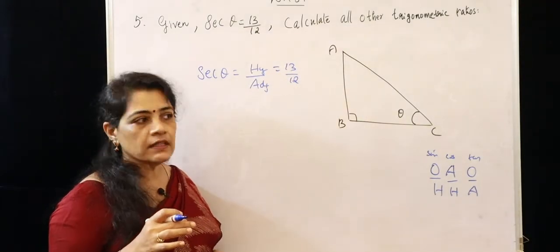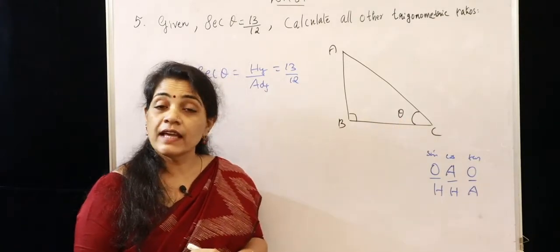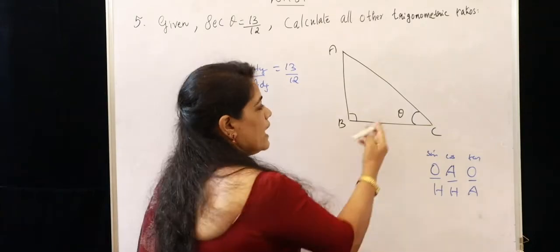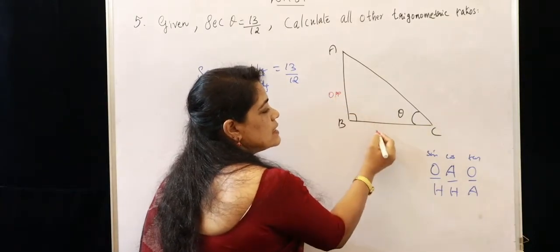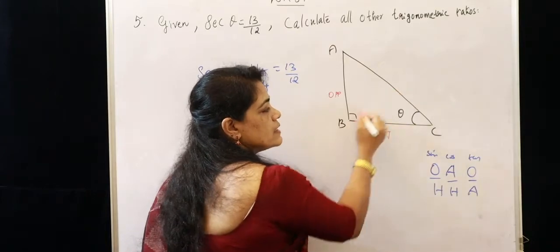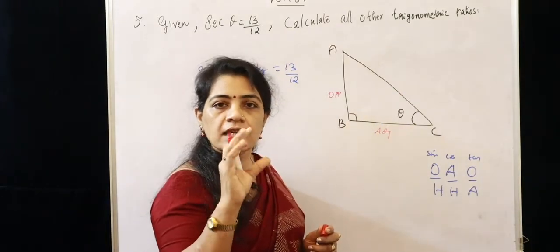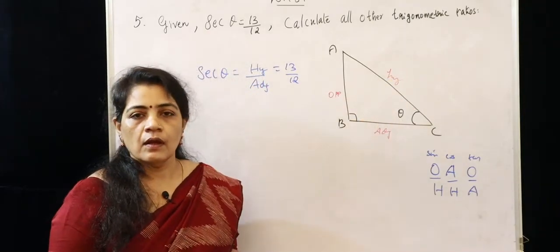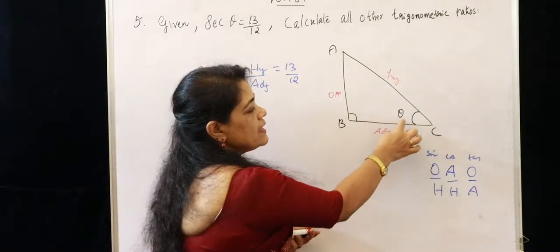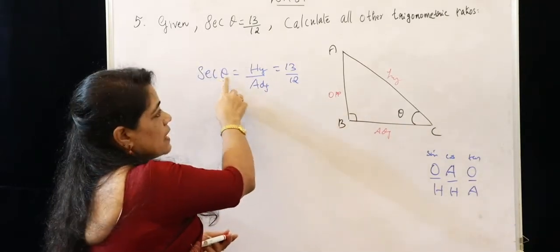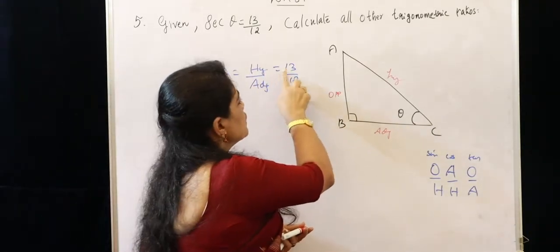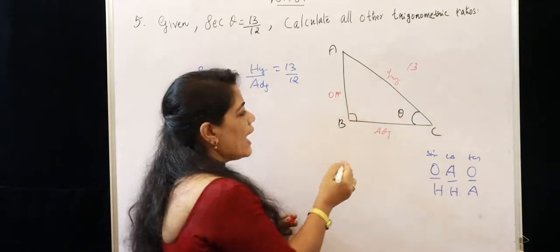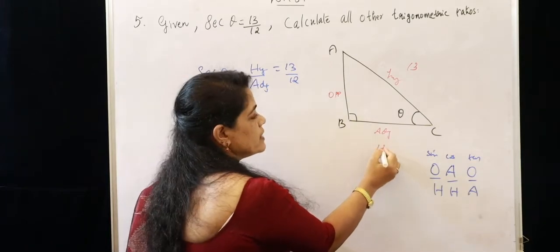Which implies with respect to angle theta, we can first mark the sides. Here the opposite side is AB, and this is the adjacent side, and the side opposite to the 90 degree angle is always the hypotenuse. So here, sec theta is hypotenuse by adjacent. So the hypotenuse is 13, the numerator, and the adjacent side is 12 centimeter.